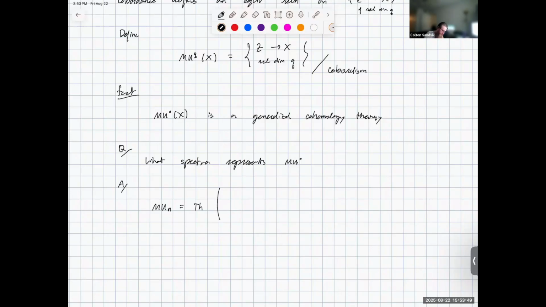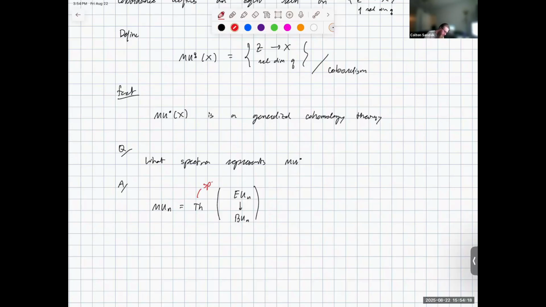It's the Thom space of the vector bundle EU sitting over BUN. EU is the total space. This has a tautological vector bundle, and that's this EU. This is the total space of the classifying space, and we can then look at its Thom space.